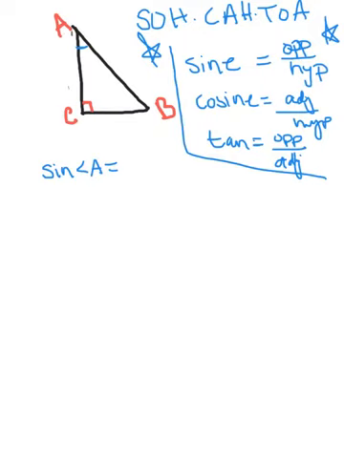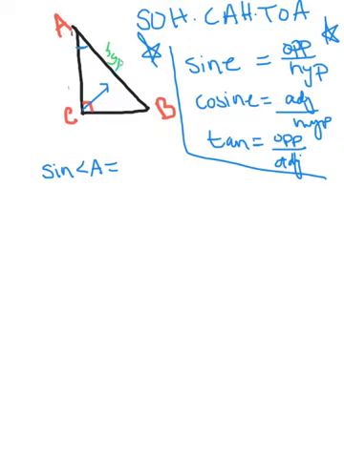So again, like the tangent function, I need to label what is my hypotenuse, what is my opposite, and what is my adjacent side. And remember, my hypotenuse is across from the 90-degree angle, and it's also my longest side. So the side length from A to B is my hypotenuse.